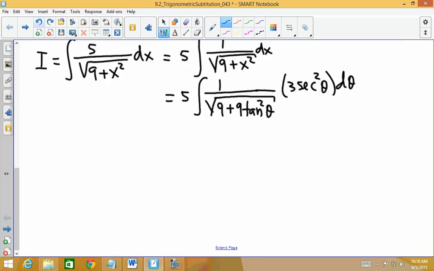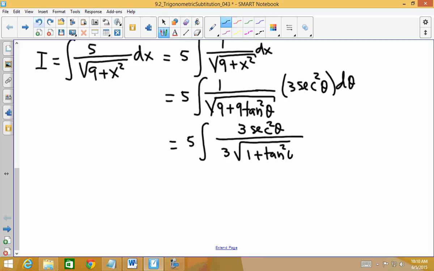Simplify, we get 5 times the integral of 3 secant squared theta over, factoring out the 9, 3 times the square root of 1 plus tangent squared theta d theta.